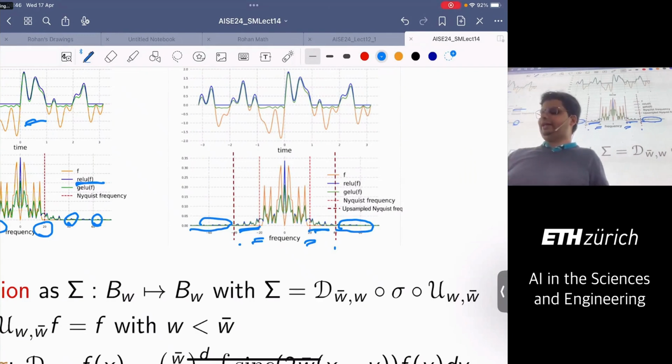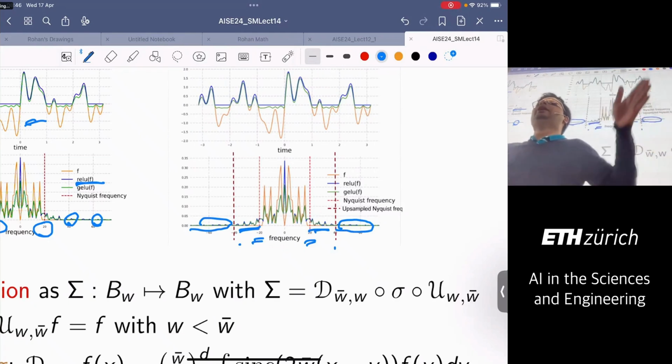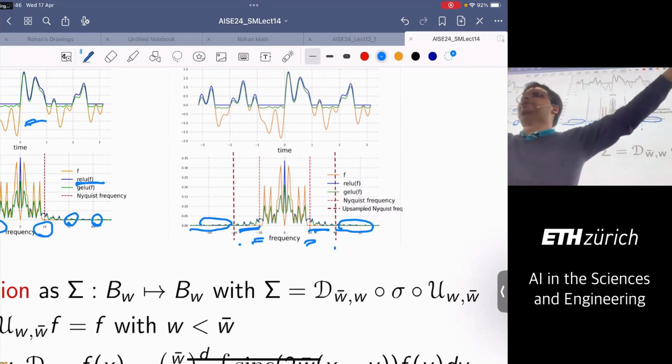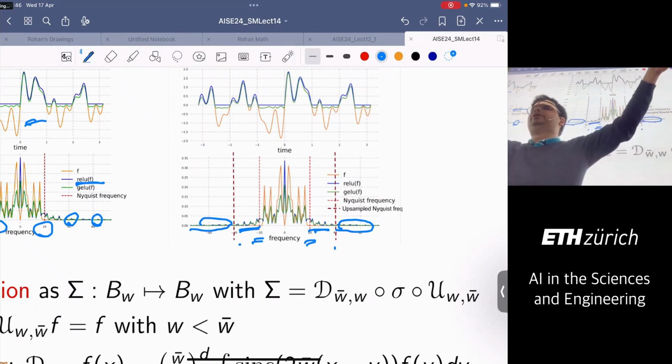So the idea is to somehow accommodate this feature of nonlinearity. What do nonlinearities do? They take a signal with k frequencies and they increase the frequencies. So when we apply it, we know that the frequencies are going to increase. Then of course the nice structures that we have are lost. There are aliasing errors.